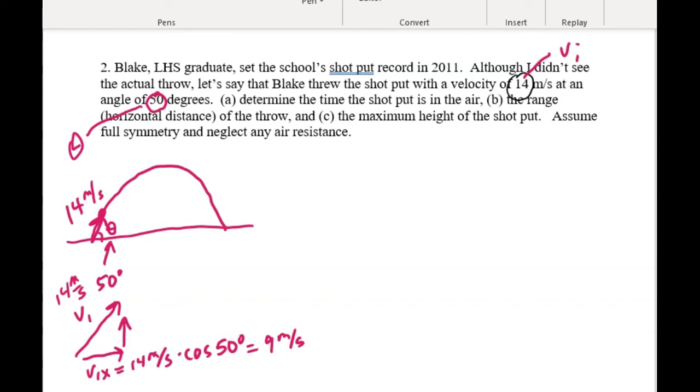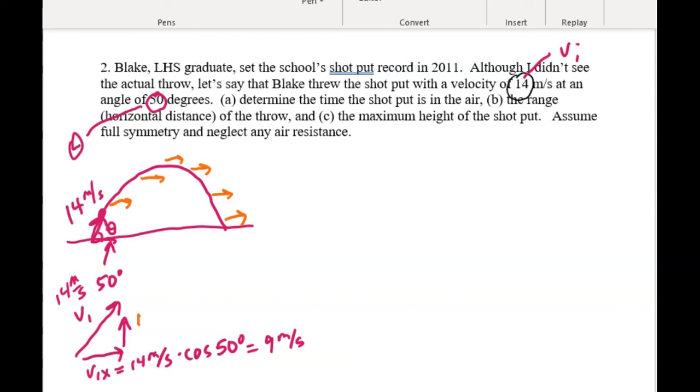So we know then, let me do this in another color here. We know that the velocity in the x direction is not going to change. So that's going to be 9 meters per second throughout the whole trajectory. The upward velocity is based on the sine of 50 degrees.